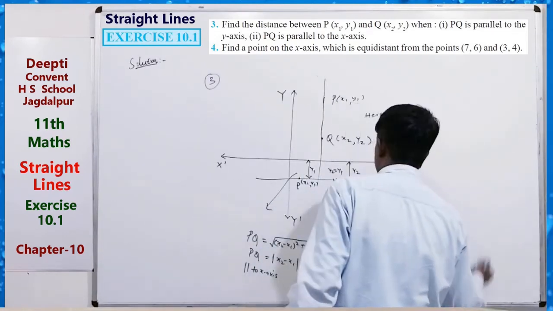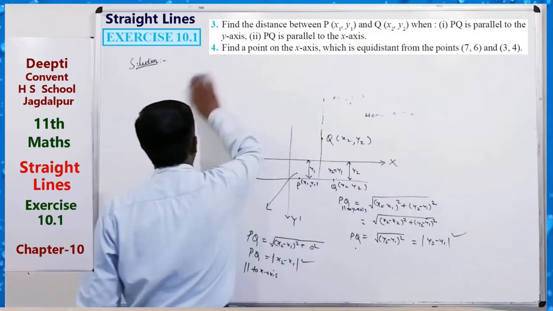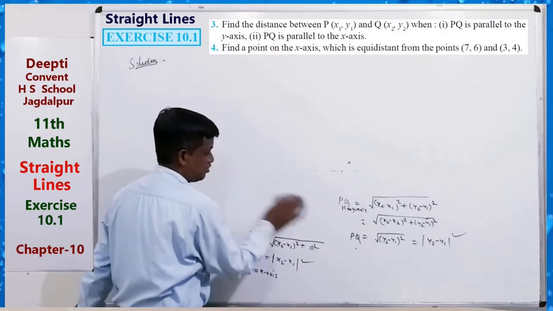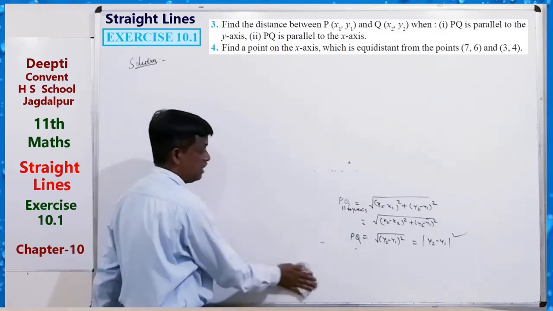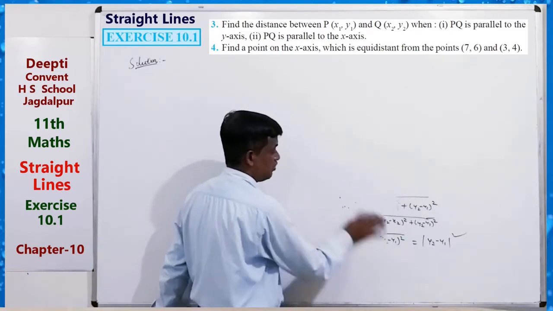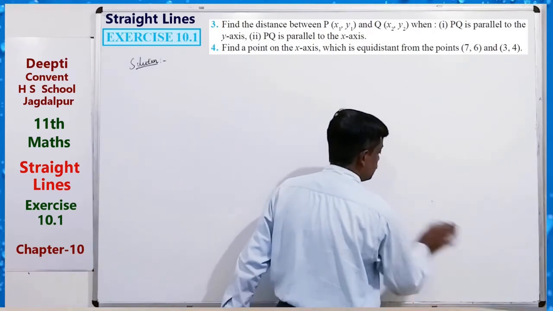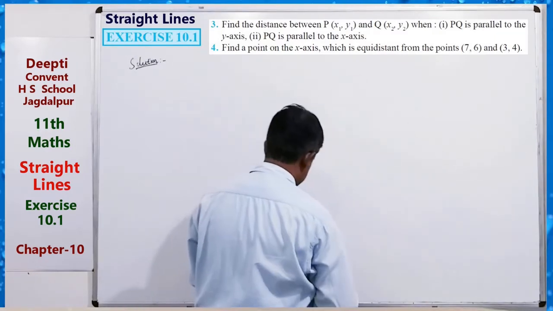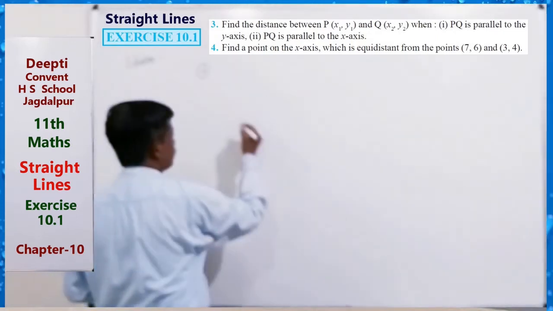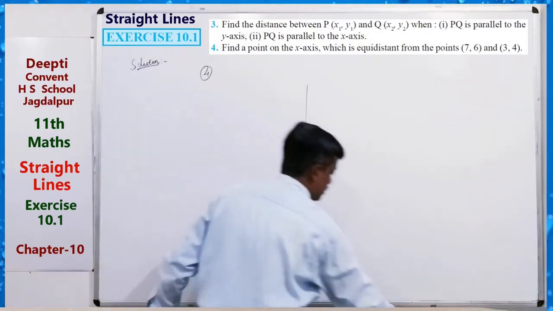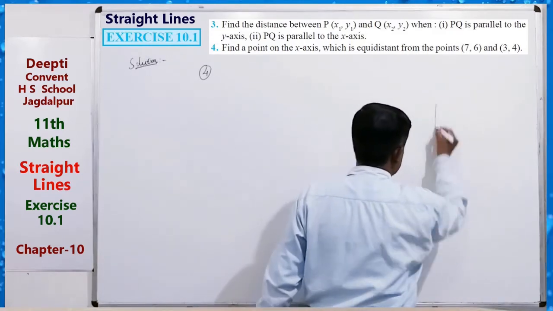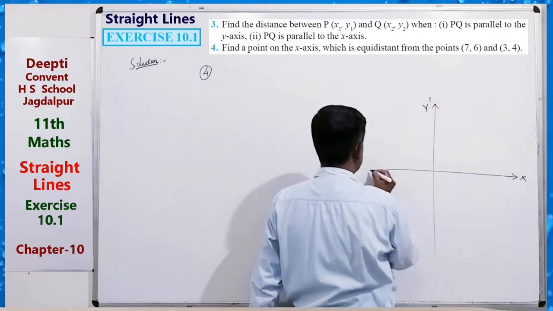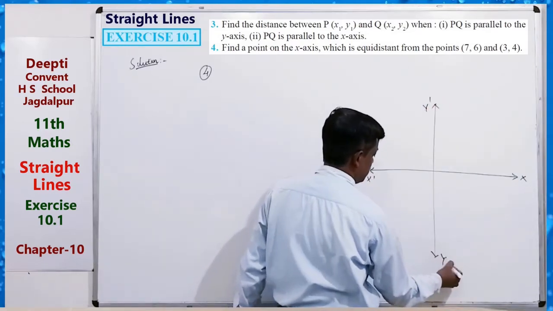So we have to find the point. Okay, a point on the x-axis. From the xy plane, a point on the x-axis means the value of y is always 0. So we can take a general point. Suppose this is the x-axis and this is the y-axis, x dash, y dash.